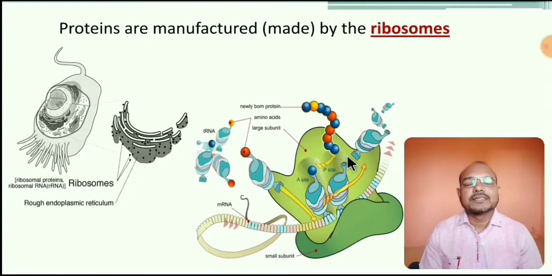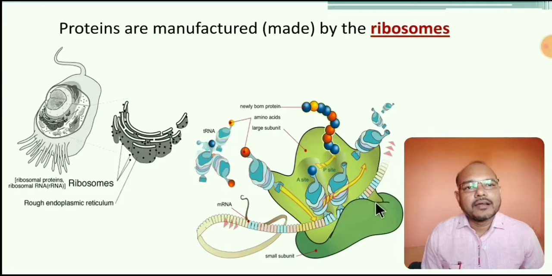The proteins are manufactured by the ribosomes. This outline shows the cells, and how in the rough endoplasmic reticulum the black spots indicate ribosomes. This is again the outline of the ribosomes and the synthesis of newly synthesized proteins.